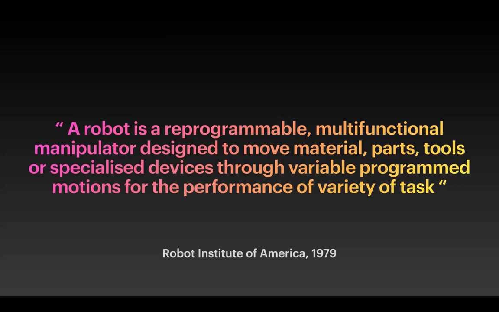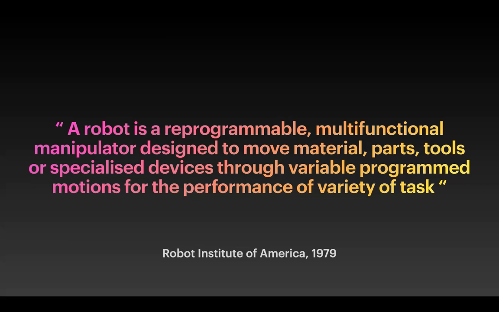So simply speaking, a robot is a reprogrammable, multifunctional device, right? Reprogrammable means you can reprogram it. You can program it as much as you want, and you are the one who programmed the robot. You are the one telling it what to do, and then the robot will move materials, so it is physically moving.